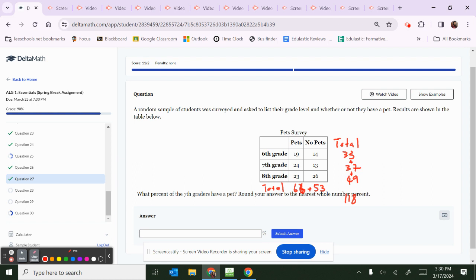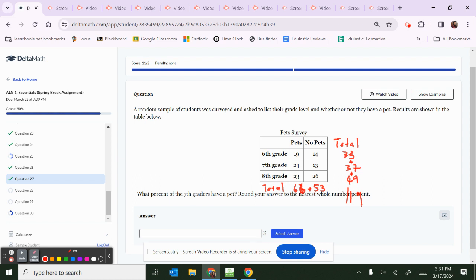And it should be the same thing as when I add 33 plus 37 plus 49, which is indeed, oh, so not 118, 119. All right, I almost made a mistake again. So again, guys, that's 119 because 66 plus 53 is 119, not 118. Okay? So again, guys, those are all of my totals.